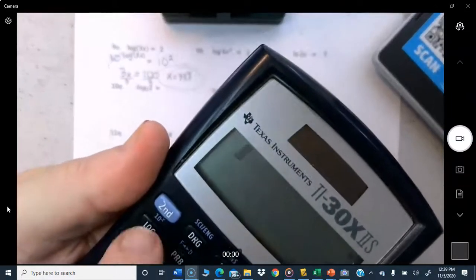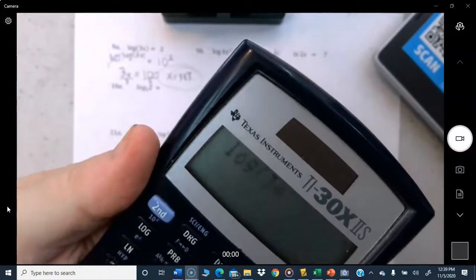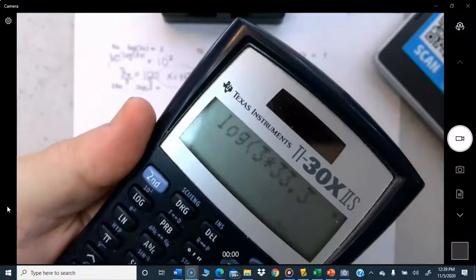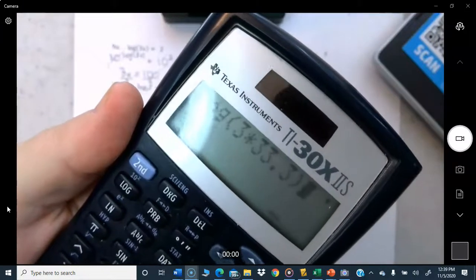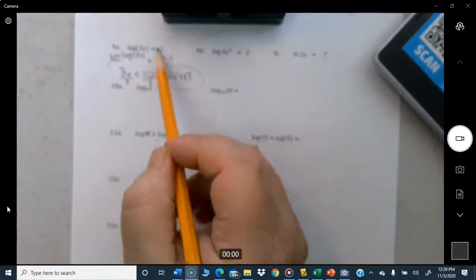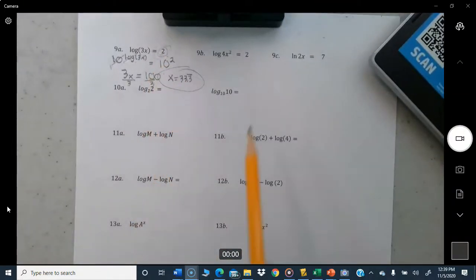So that would be log of 3 times 33.3, and I'm going to close the parenthesis. And that's going to equal 1.999, which is 2.